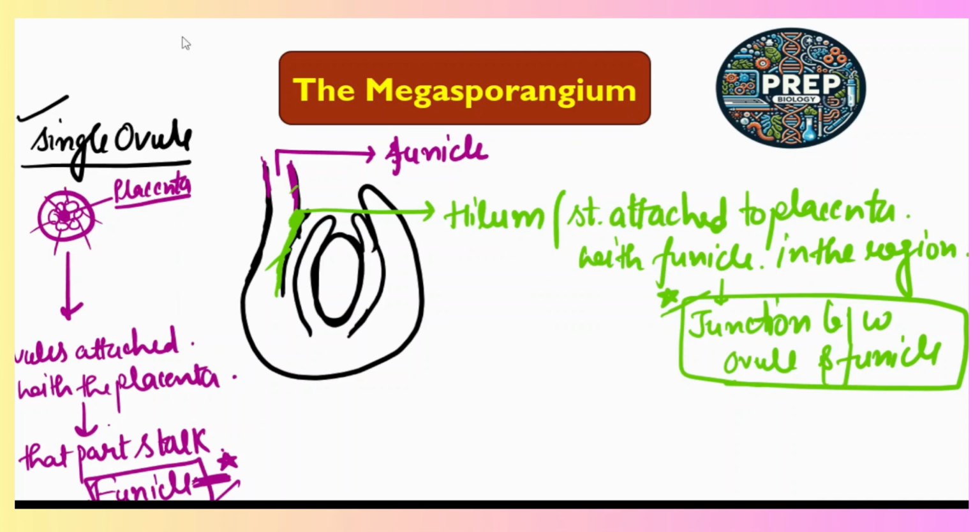Now, let's see the next part. The next part is the integuments, or the envelopes. Ovule has two integuments. This is the outer envelope, and this is the inner envelope. The protective covering of the ovule, the outermost, is called the outer integument, and the inner one is called the inner integument.